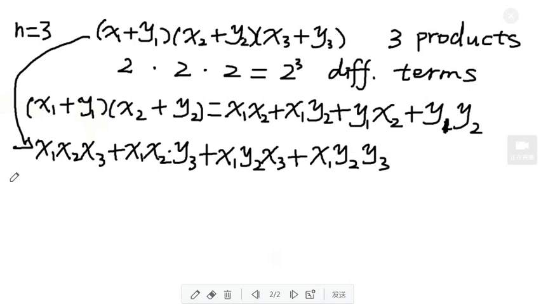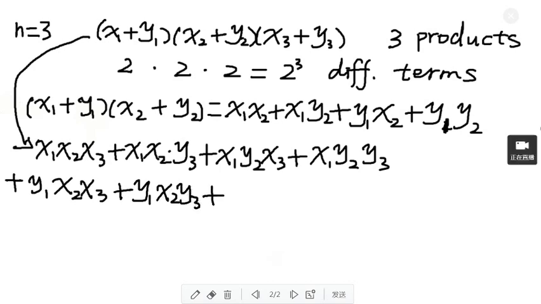plus y1 x2 x3 plus y1 x2 y3. And then the last term, this term y1 y2, you can either choose x3 or y3. Same again, y1 y2 x3.